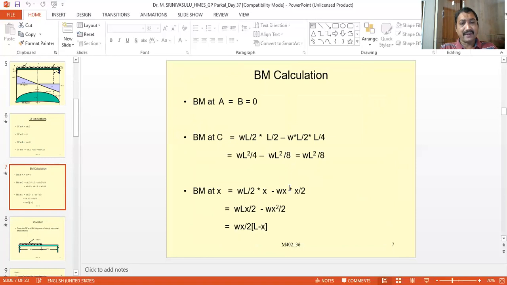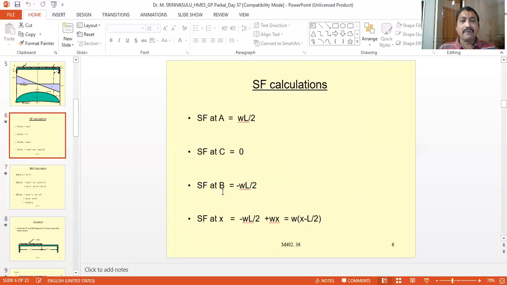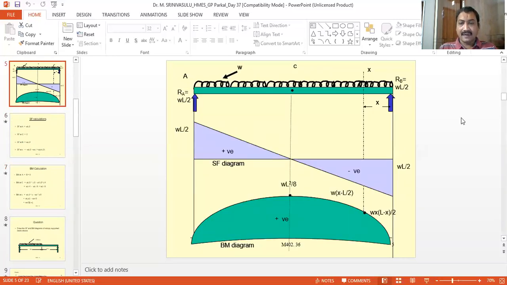Therefore, the BM at A is equal to 0 and the BM at B is also equal to 0. Now, the only thing is we have to calculate the bending moment at some section xx. So this is the first equation. At xx, what is the bending moment, that we have to find out to get the common equation.